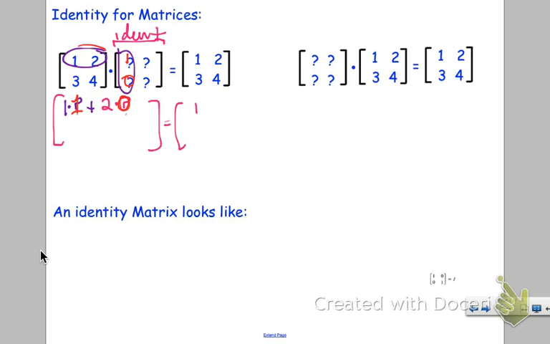Alright, now let's see. If I multiply this by that, well, it gives me 3 times 1 plus 4 times 0, which is going to give me 1 and 3, which are the two entries that I should be getting. Okay, let me make a little room there.